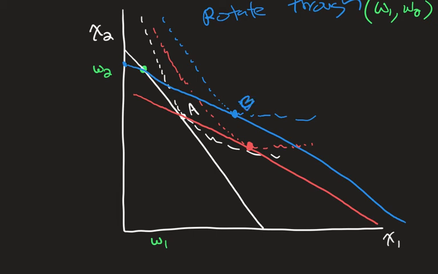I think before I was calling this B, and here I'll call this C. So this movement from A to C is, with this Slutsky decomposition, we've taken away enough income so that you can still afford to buy what you were buying before. And we're looking at what is the consumption choice that arises just because of this change in prices, your pure substitution effect. And so that is A to C, which is your substitution effect.